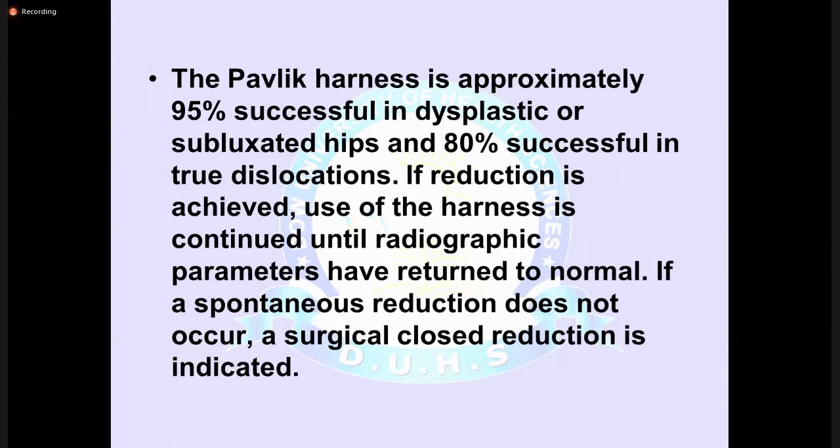If a spontaneous reduction does not occur, a surgical closed reduction is indicated. So when the pelvic harness has a success rate of over 90% or 95%, but if it fails, then surgical closed reduction is indicated.